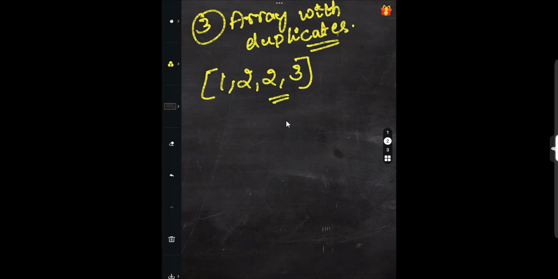So the output here will be 3. So we will check the same thing. We will check for the previous number 0. 0 is not present. So this will be considered as the starting element. And we'll check for 2. Yes, 2 is present. We'll check for 3. And again 3 is present. As we are making use of the hash set, the duplicate will be ignored, right? So the length will be 3, right?